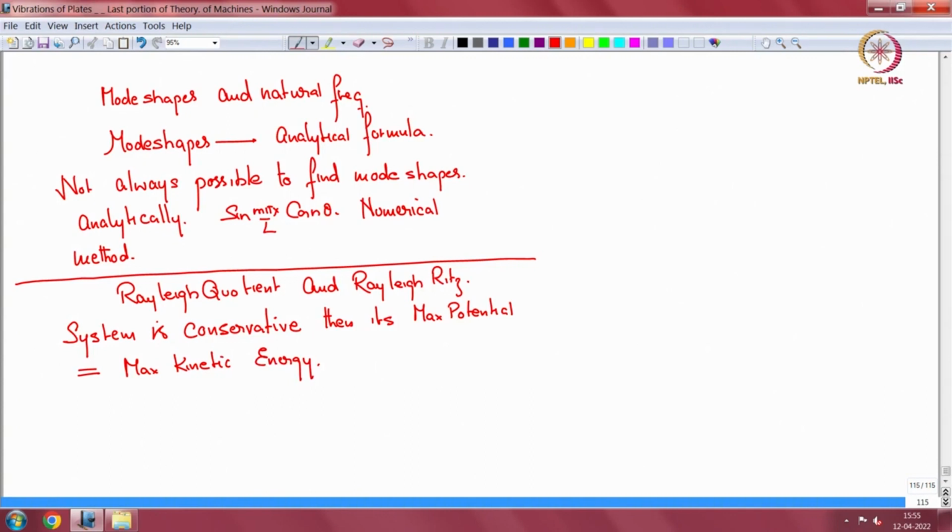Now if we adopt this idea that the maximum potential energy is equal to maximum kinetic energy, this idea is used in the Rayleigh quotient in finding the fundamental resonance frequency.